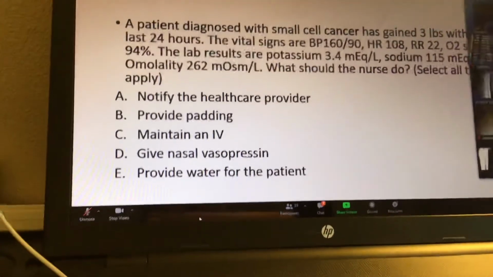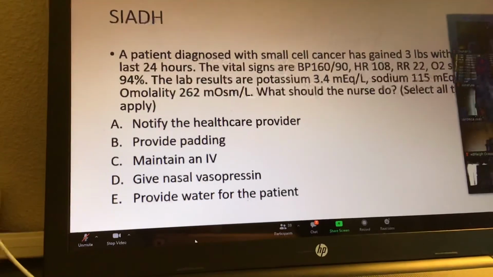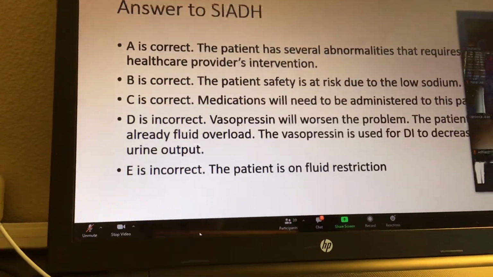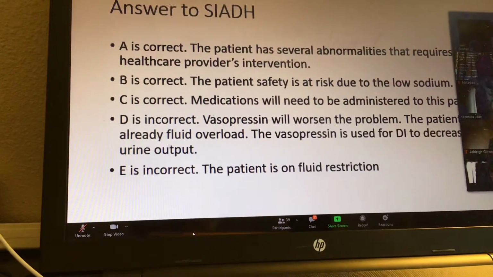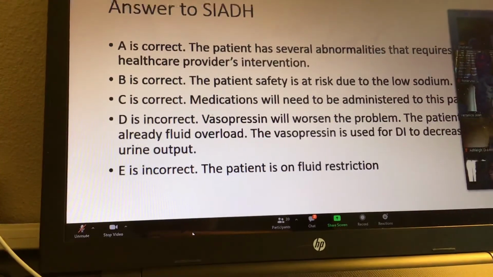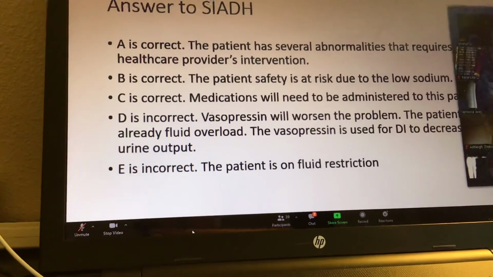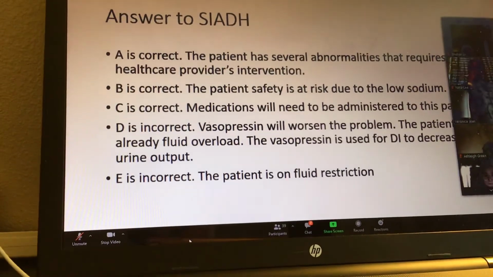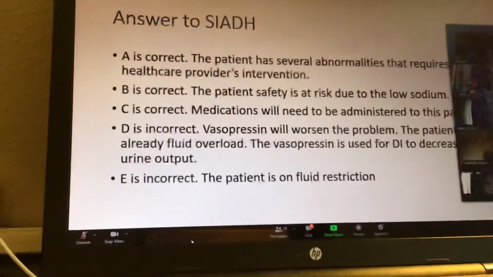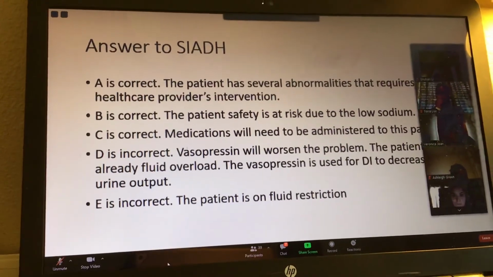All right. So A is correct, B is correct, and C is correct. So yes, you're going to have to call a healthcare provider.